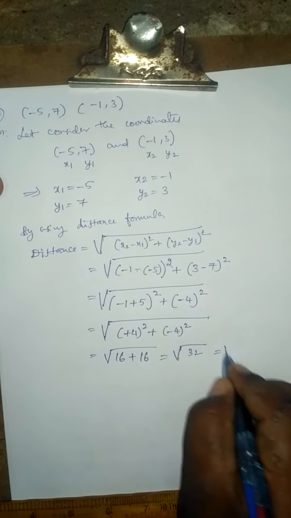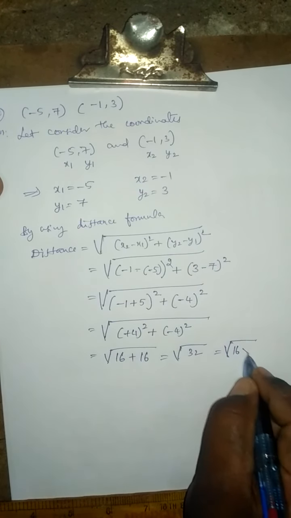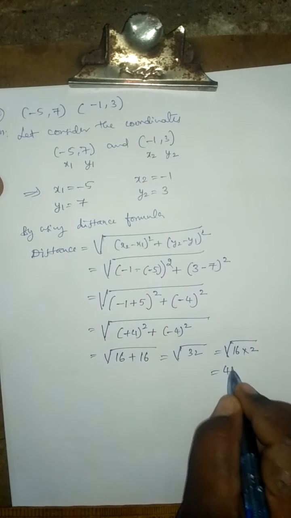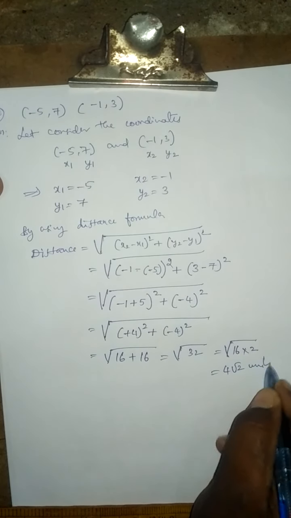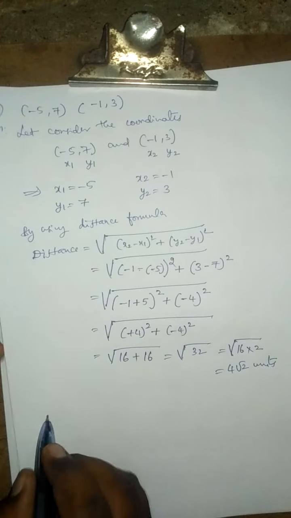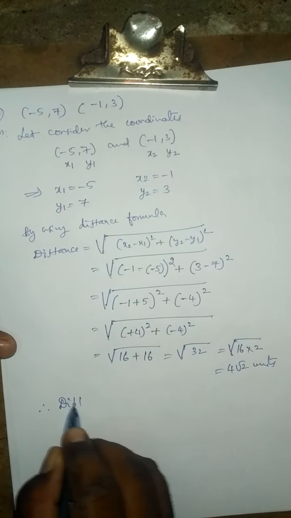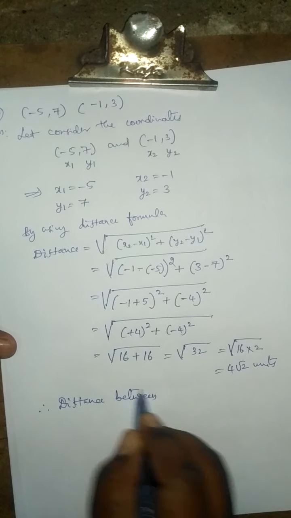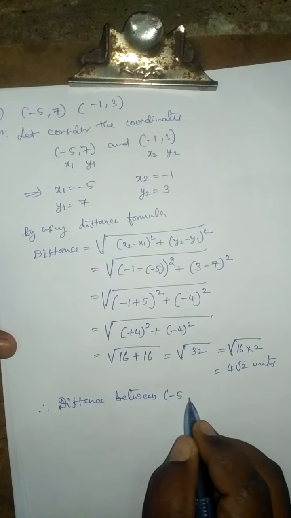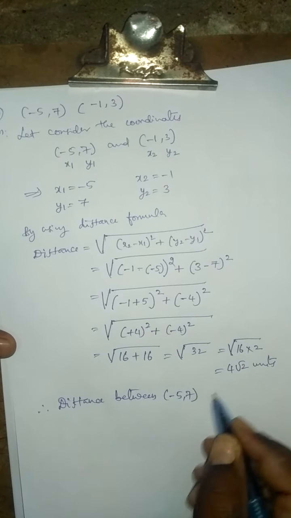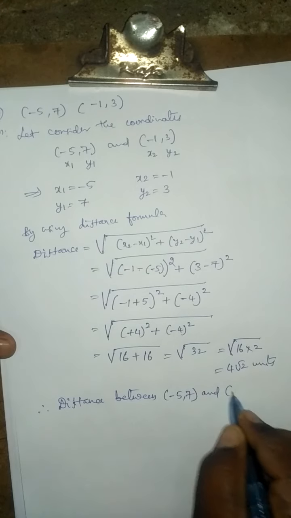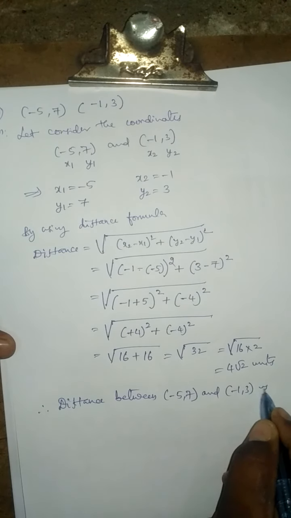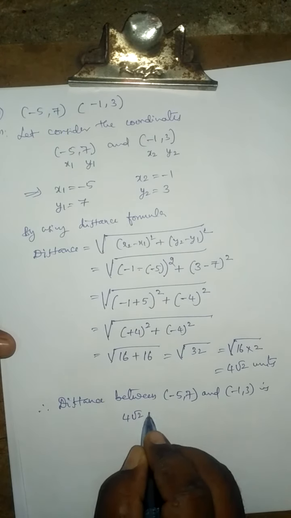This one we write in simplest form, that is 16 into 2. So this is 4 root 2 units. Therefore distance between minus 5 comma 7 and minus 1 comma 3 is 4 root 2 units.